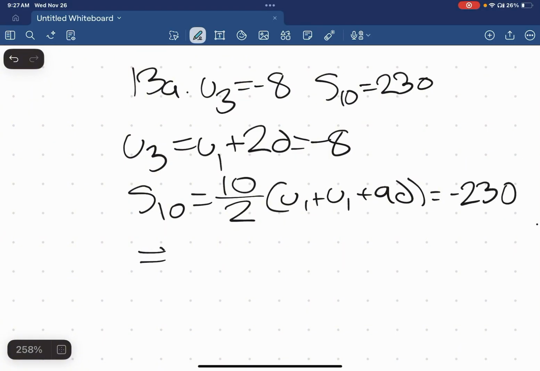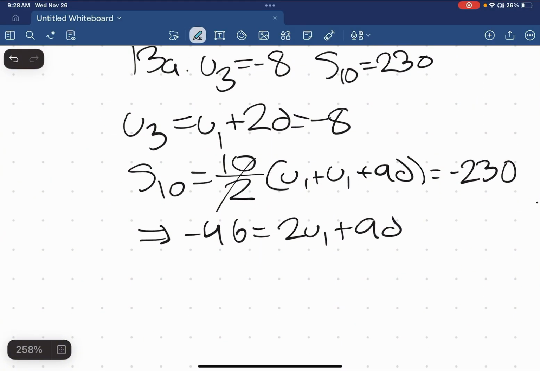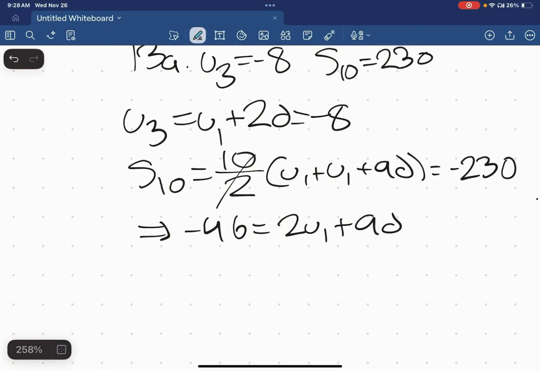And doing some math, we can divide each side by 5 to get rid of this. So I'm going to get 46 is going to be equal to 2u1 plus 9d. And that helps us by a lot, actually. From here, we can end up subtracting these two equations from each other.